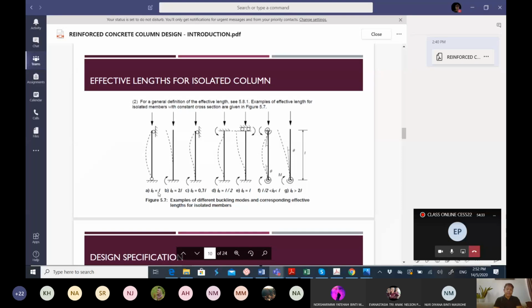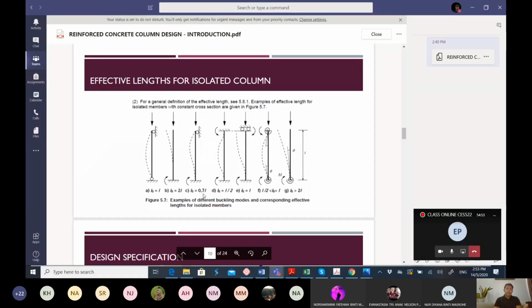For example, here is a pin, L0 is equal to L. If it is fixed and also free end, it is 2L, because the slenderness will be increased. If it is fixed here and pin here, 0.7L. If both ends are fixed, it is L over 2.